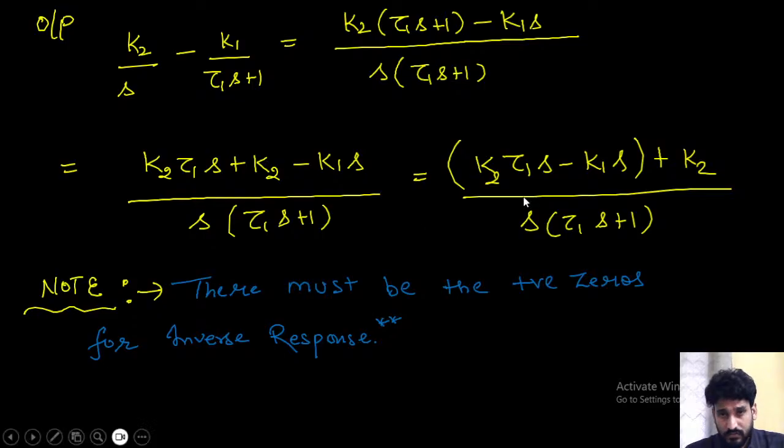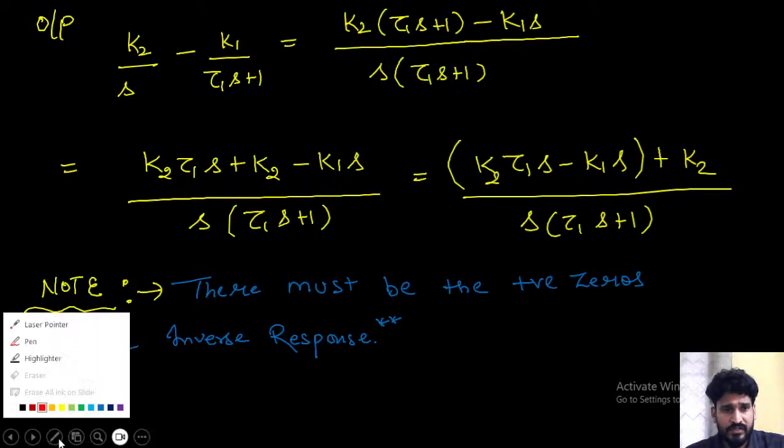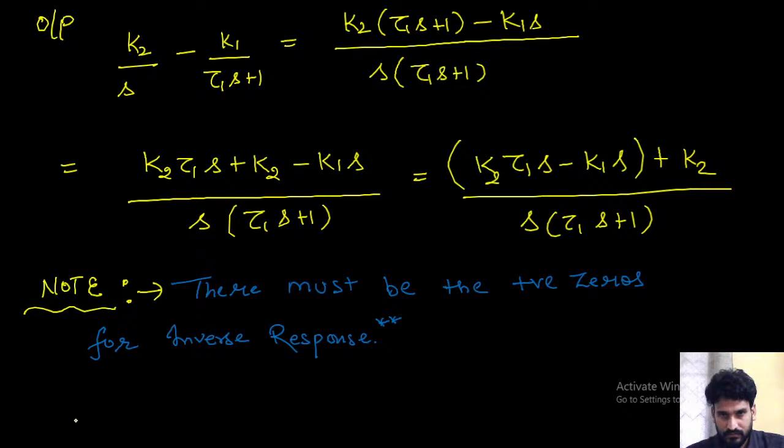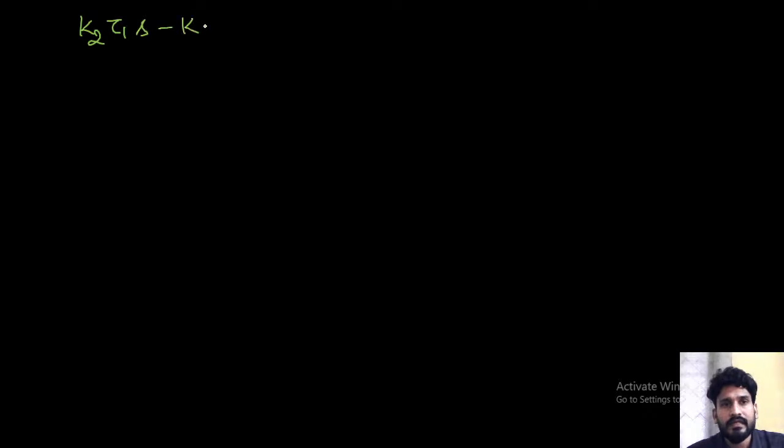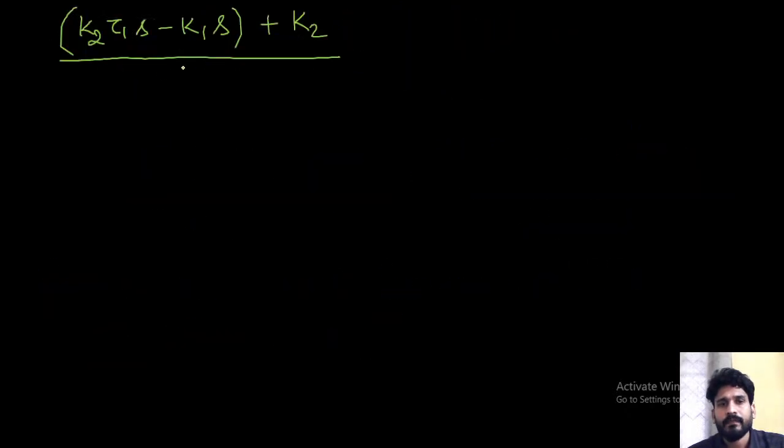So this is my transfer function: (k2 tau 1 s minus k1 s plus k2) divided by s into (tau 1 s plus 1). Is it clear or not?